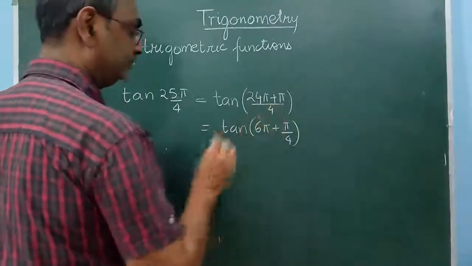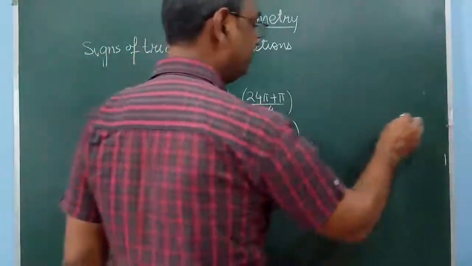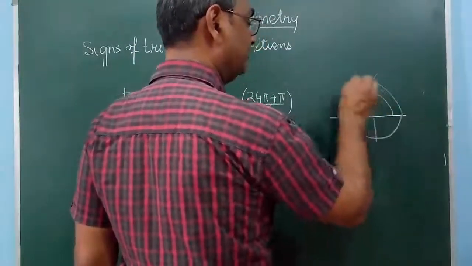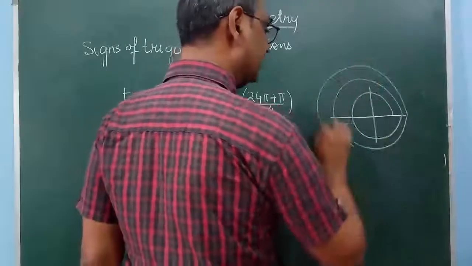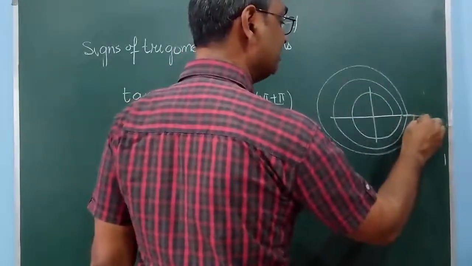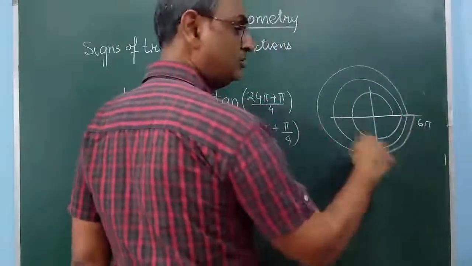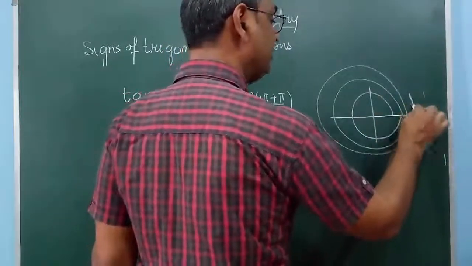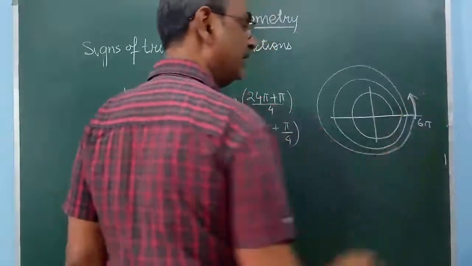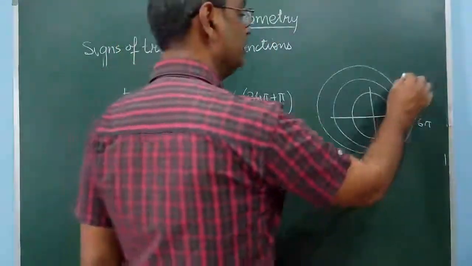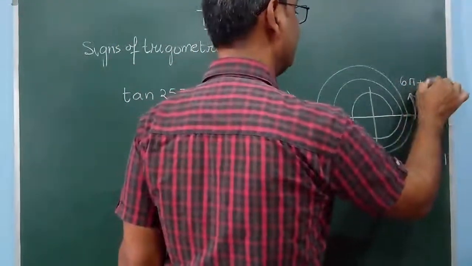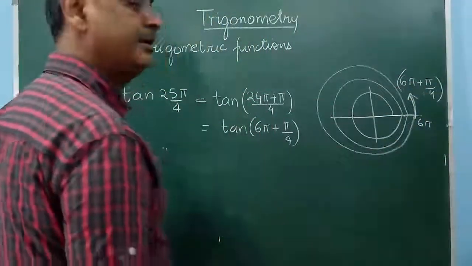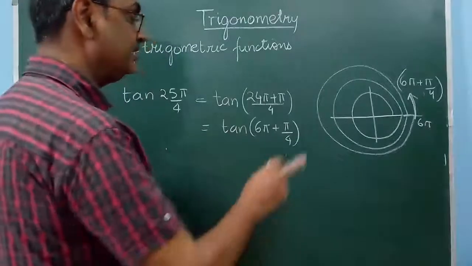Separate these two. Now 6 pi, see here, this is 2 pi, 4 pi, 6 pi. We have taken 3 rounds, 6 pi plus pi by 4. Pi by 4 goes in which quadrant?